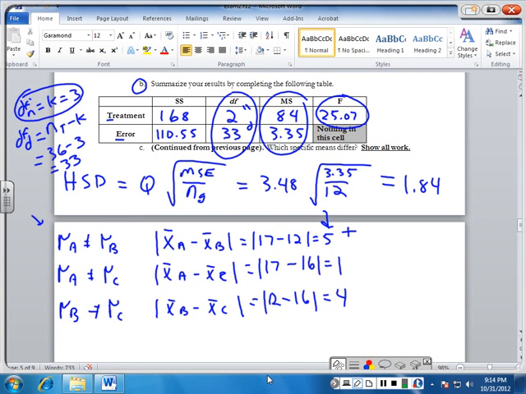So 5 is bigger than 1.84, and 4 is greater than 1.84. So the differences between population means that we can be confident about are that mu A is not equal to mu B, and mu B is not equal to mu C. On the other hand, mu A and mu C could be the same.